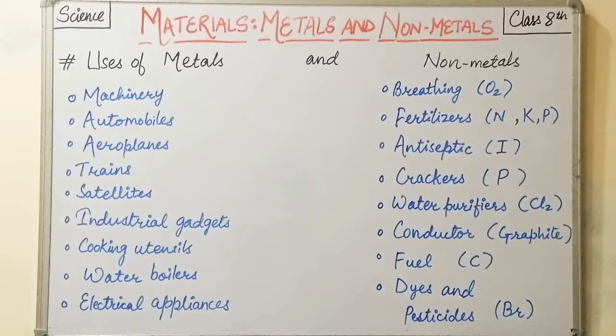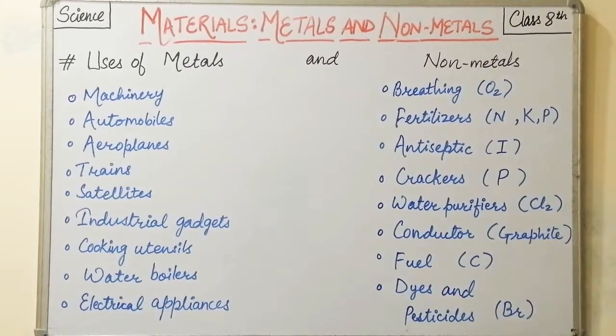Then in water purifiers, for purifying the water, we use chlorine gas. We pass the chlorine gas through water to kill the many bacteria which are present in the water.